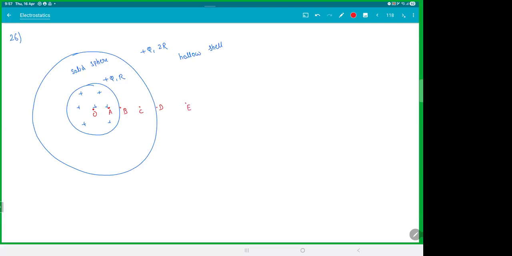When I say B, it is on the surface. So the distance from O to A is r by 2, O to B is r, O to C is 3r by 2, O to D is 2r, O to E is 5r by 2. Basically, we covered every case, in, out, everything.